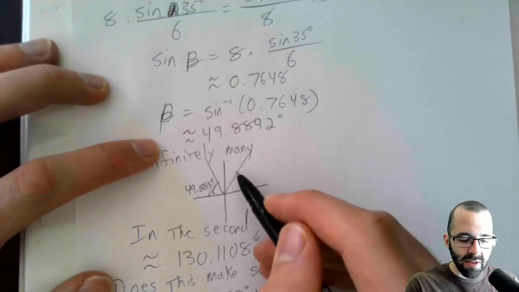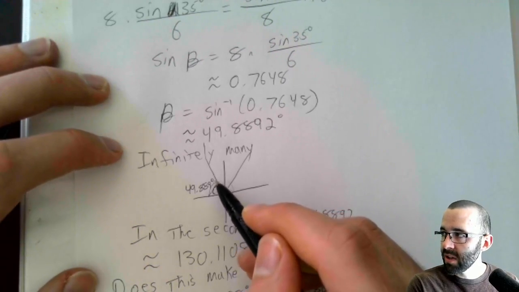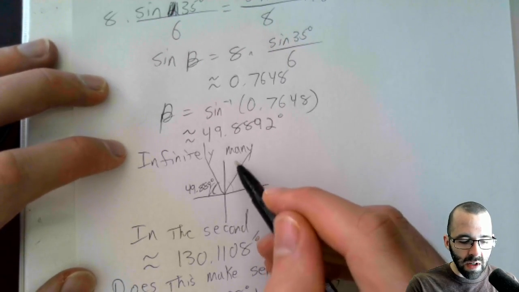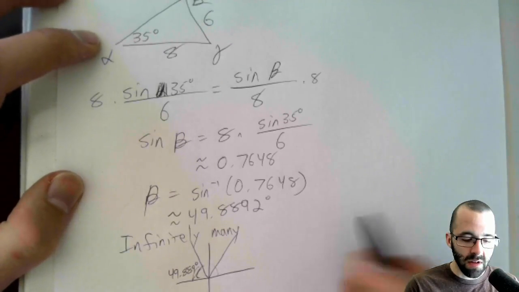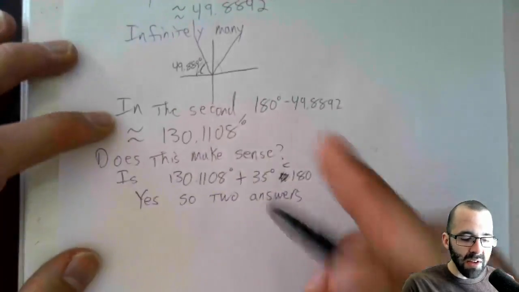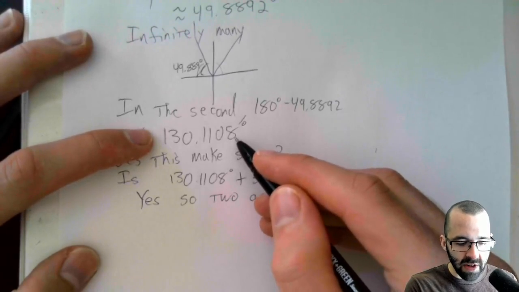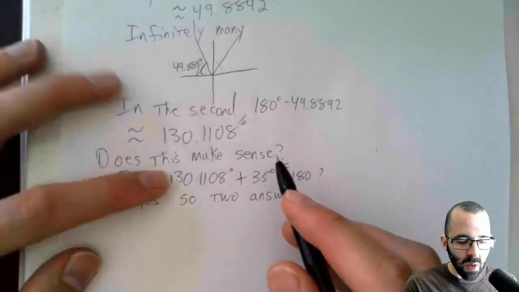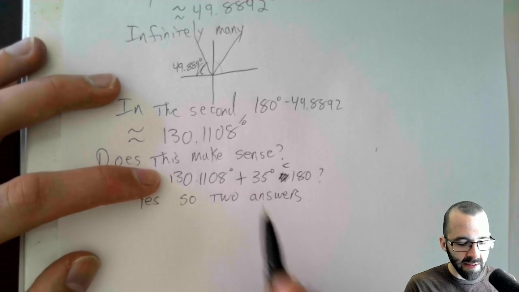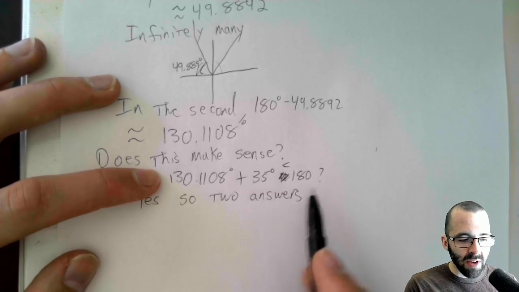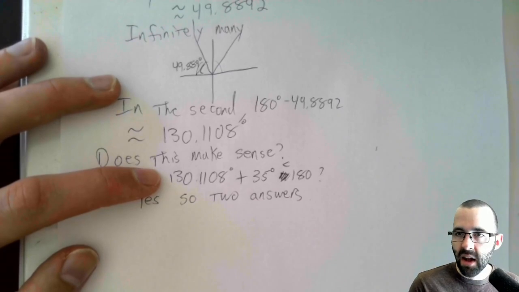But sine's positive in the first and second quadrant. So we had to look at, does the answer in the second quadrant make sense in the context of our triangle? So we found the answer in the second quadrant to be 130 degrees. We made sure that this 130 degrees is not too big. Right? We need to make sure that all the angles in the triangle are less than 180.